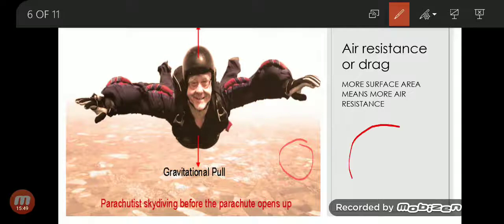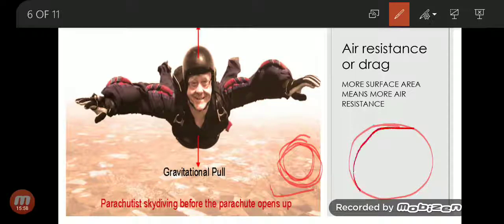This is a ball and this is the second ball. This is the surface of the ball. This ball has less surface. This ball has more surface. So what is surface area? The whole of the surface of anything is called its surface area.